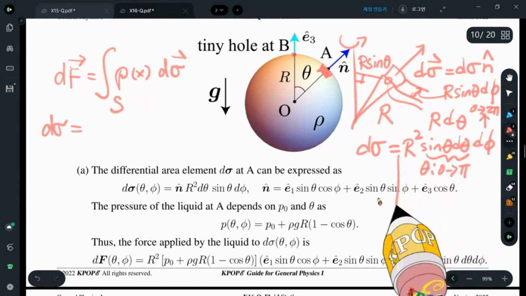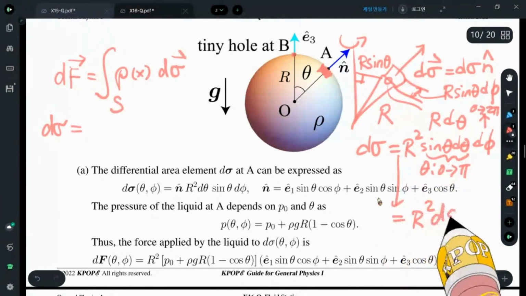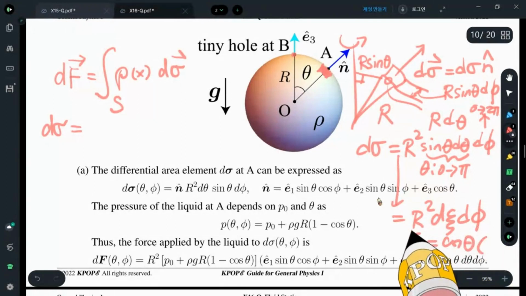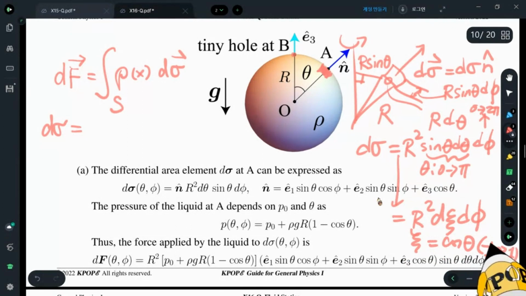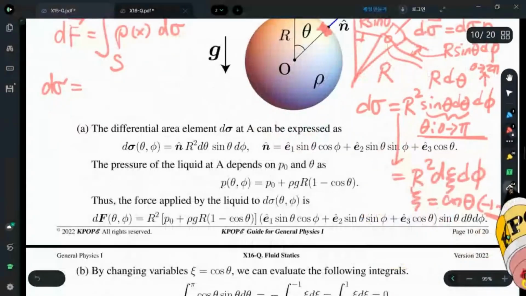And I told you we can always express this in terms of r squared dc d phi, where c equals cosine theta. In that case, the integral of c runs from -1 to +1. And this integral is always simpler than the polar angle integral.